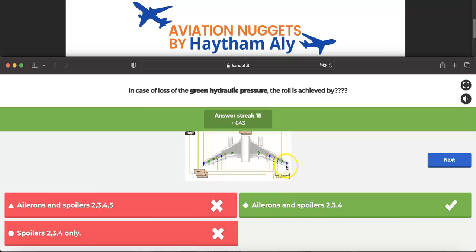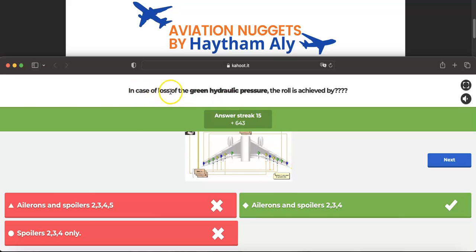And of spoilers 2, 3, 4, and 5, only spoiler 5 is operated by the green hydraulic pressure. So we still have yellow and blue. So spoiler 2, spoiler 3, and spoiler 4, operated by the yellow and the blue hydraulic systems, will still be operated. Only we will lose spoiler number 5.